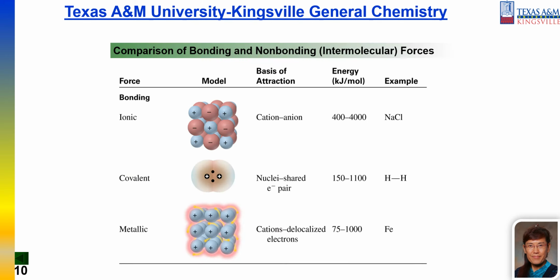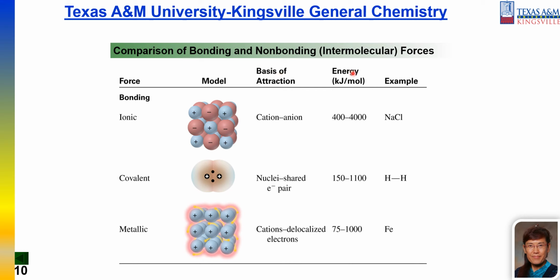So this is about the phase diagrams for carbon dioxide and water molecules. And then we are going to discuss the different forces, such as bonding forces and non-bonding forces. I'm going to stop over here. Next lecture, we are going to discuss the bonding and non-bonding forces. So what is the force? And do we have a model? If you have the model, what will be the basis of attraction?